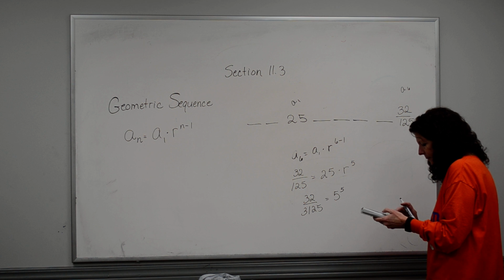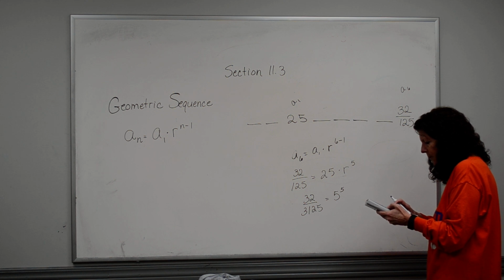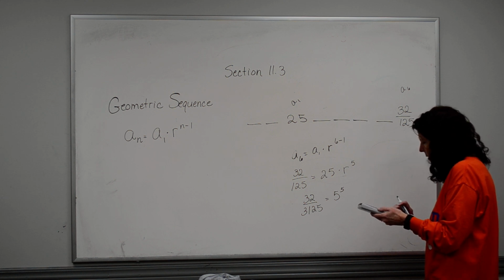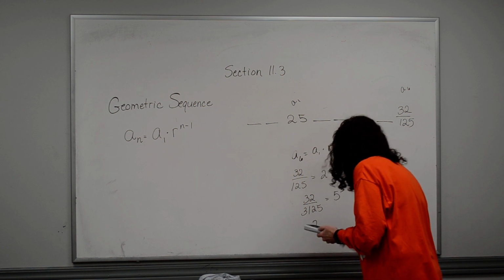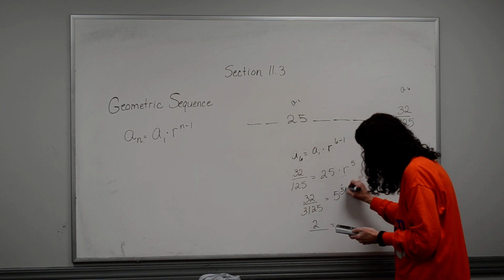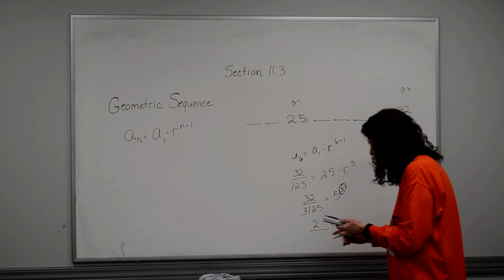So I'm going to take the 5th root. Again, I'm going to have to use the math part on there and go down to number 5. The 5th root of 32 is going to give me a 2 on the top. Okay, now because it's an odd power, I don't have plus or minus. I know it's going to be positive.